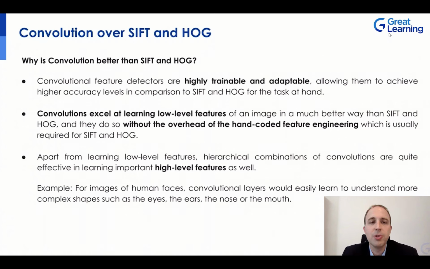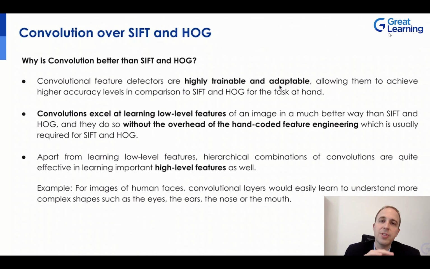Well, why is convolution better than these other methods? Like I mentioned, there are many different types of convolution matrices you can use. You can use a vertical edge detector, a horizontal edge detector, but there are all sorts of other convolution matrices you can use, and they can detect many, many different kinds of features. That's why it's saying that they're highly trainable and adaptable.